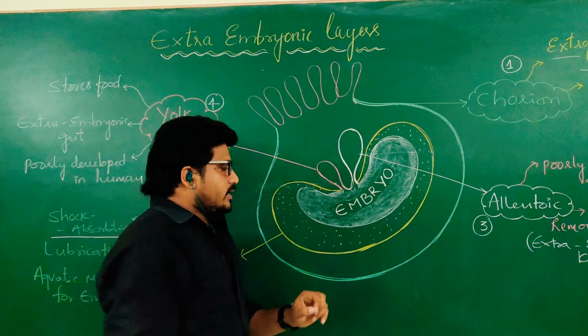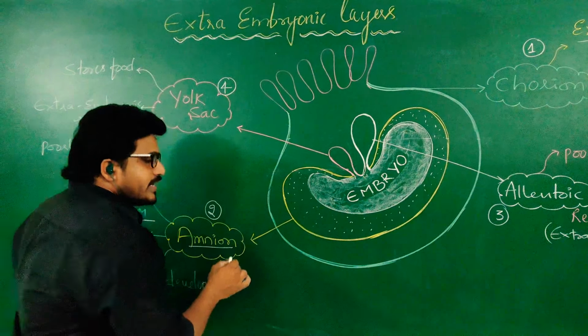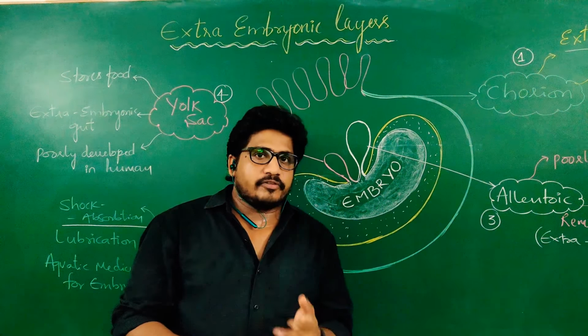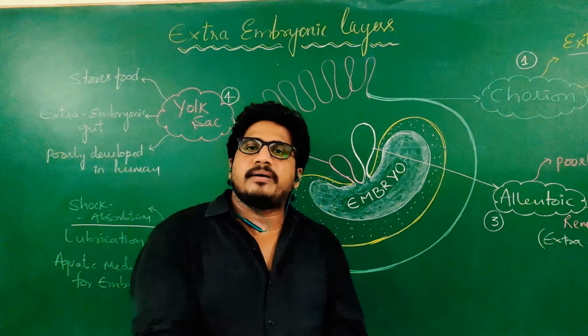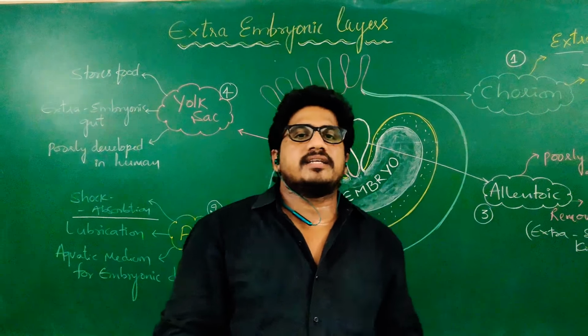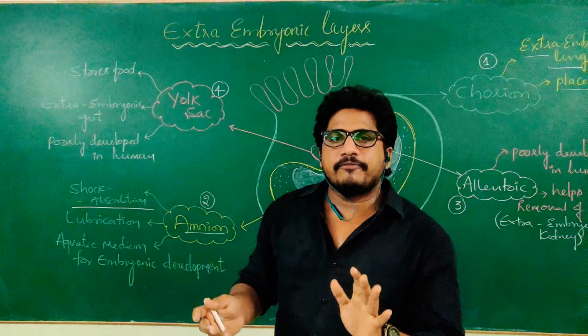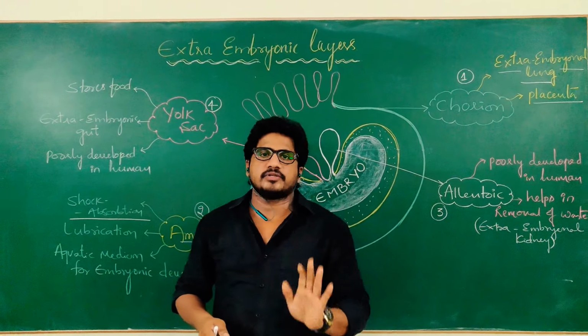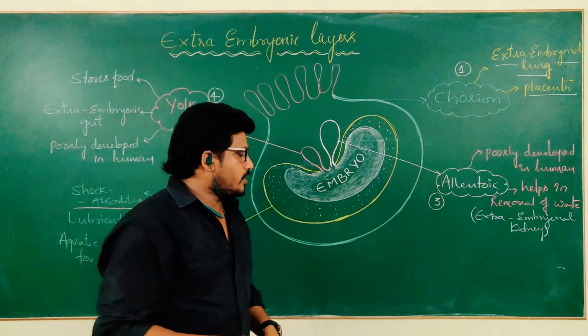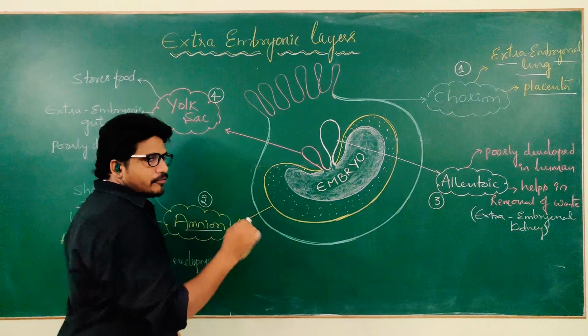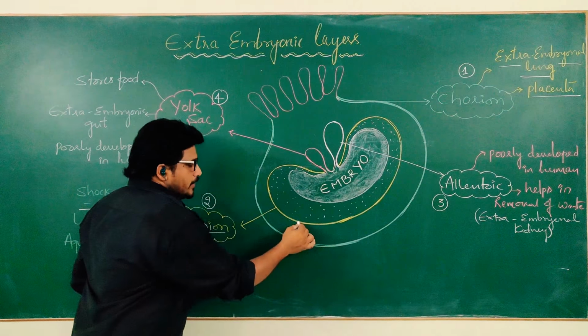Here is another important point. The amniotic layer is derived from trophoblast cells. A couple of minutes back I said that whether it is chorion, allantois, yolk sac or amnion, all four are derived from trophoblast cells only. I repeat the important points here: amnion is derived from trophoblast cells.